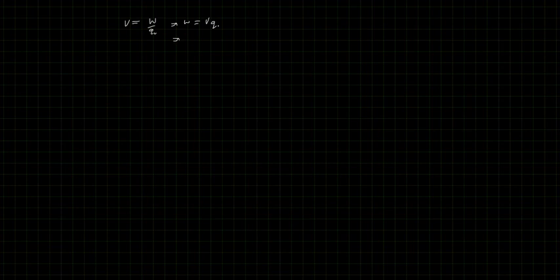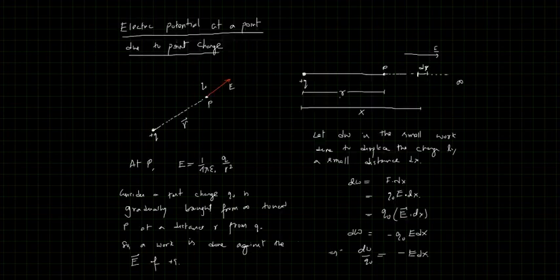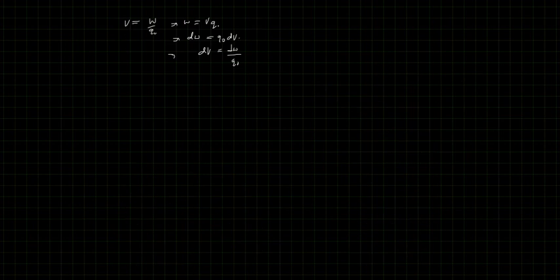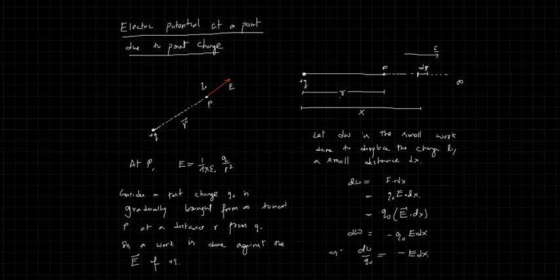That means dW can be written as Q naught, being constant, into dV. This implies dV is dW by Q naught. Therefore, I can change this expression into dV equals minus E dx.